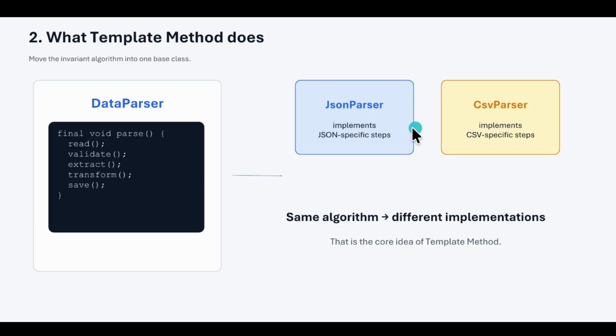If we have common steps between these parsers, then we can extract those steps and make a data parser abstract class, and that will have all the common steps, or the base algorithm skeleton of those parsers. The steps that need to change can be implemented by the parsers on their own. That is the idea behind it: same algorithm but different implementations. That is the core idea of the template method. I hope you got it, guys.